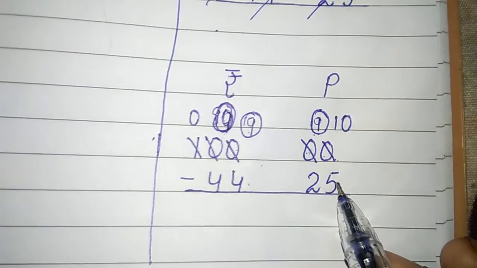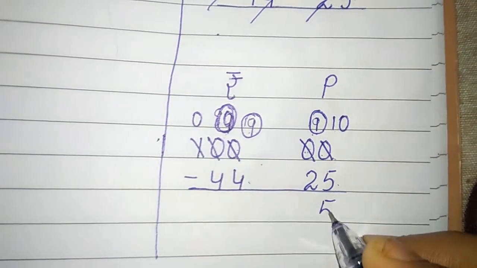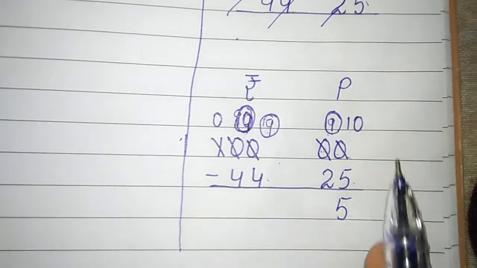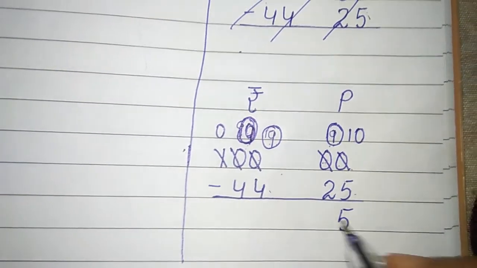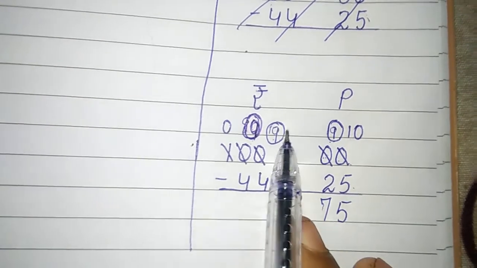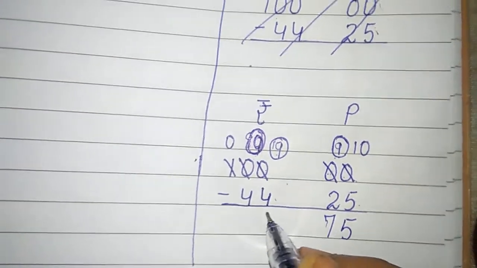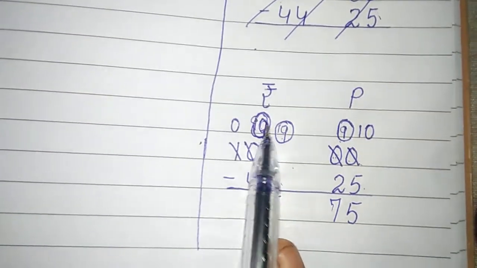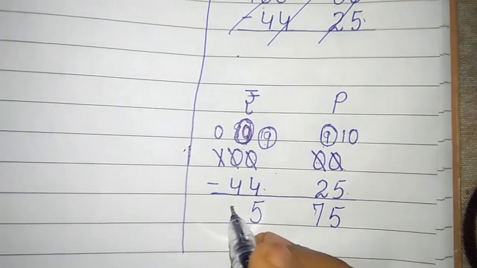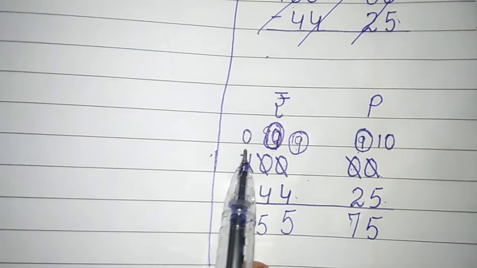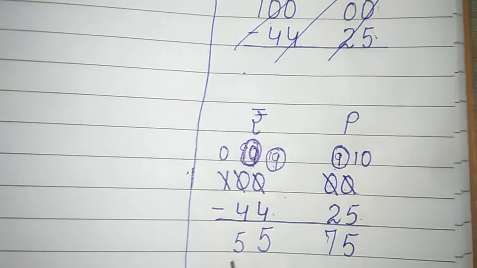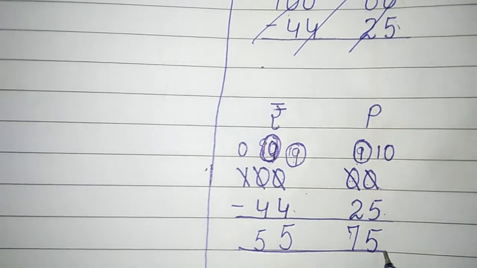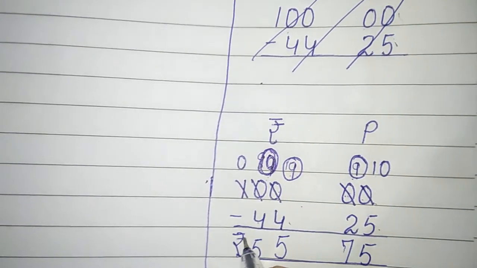So 10 minus 5 is 5. 9 minus 2 is 7. Next, 9 minus 4 is 5. Next, 9 minus 4 is 5. Here is nothing. So rupees 55.75.